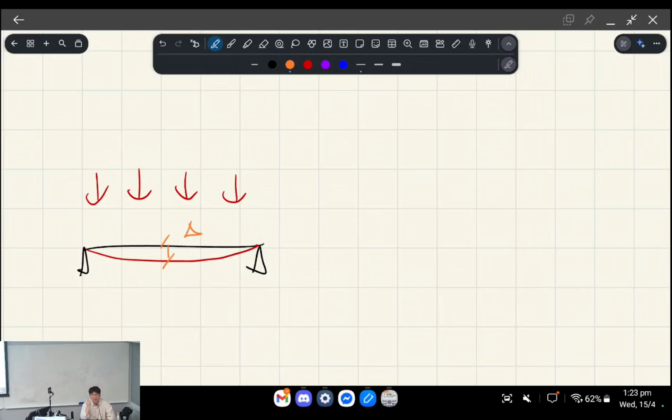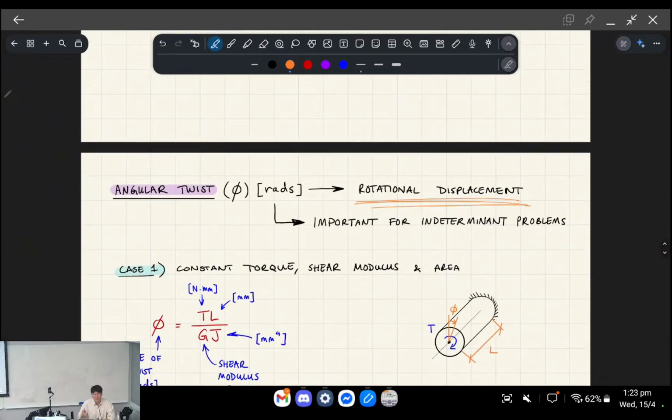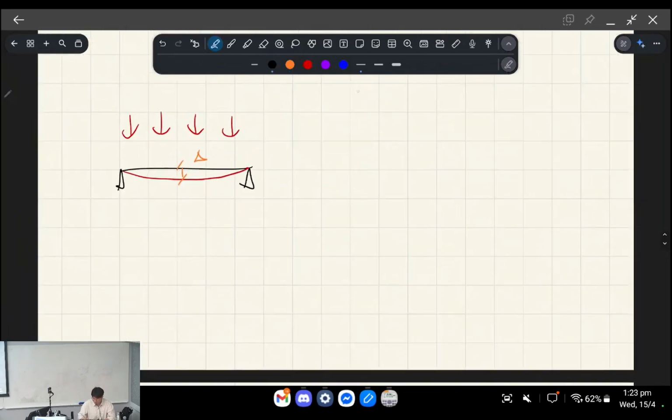But for twist, twisting is basically rotational displacement, right? Okay, and I know I just said you're only going to deal with circular cross sections, but just for the sake of showing you how this looks, I'm going to draw it as a square cross section because it's easier to visualize the amount of twist.